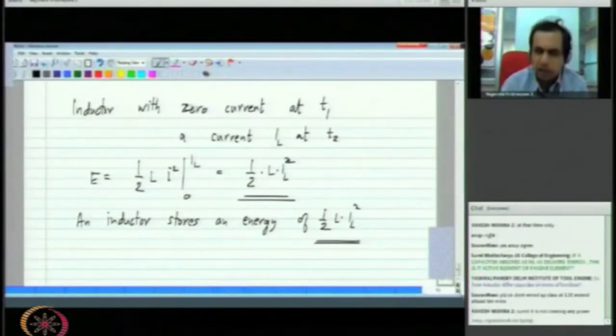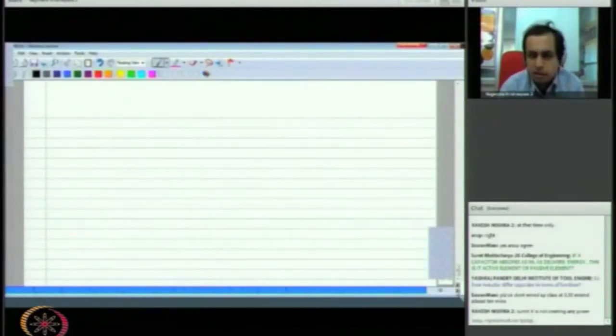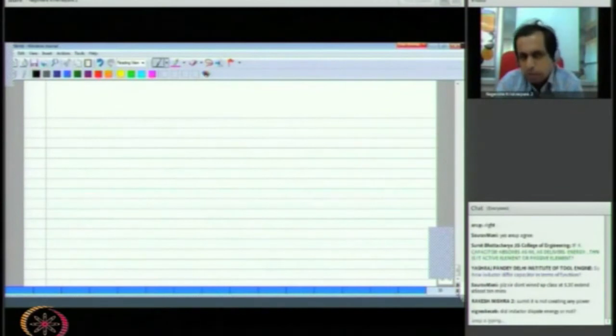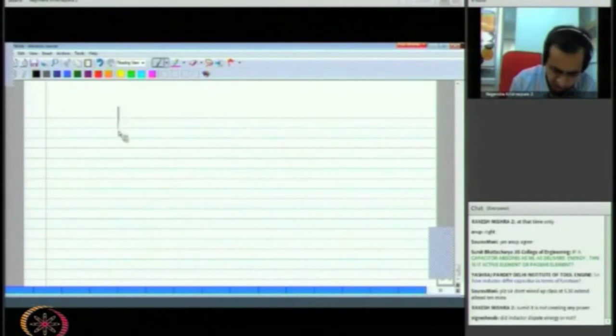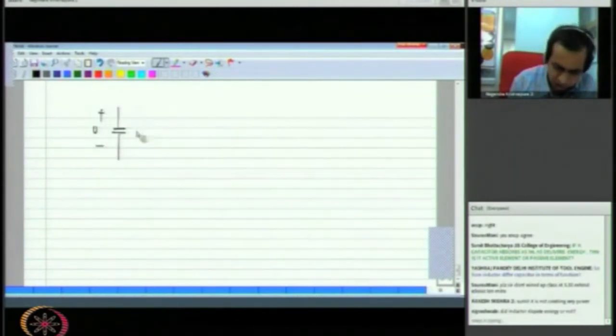There is one question. It asks what is the difference between an inductor and a capacitor. The I and V relationships are different. For a capacitor, you have a voltage V across it and a current I through it. I is C times dV by dt.